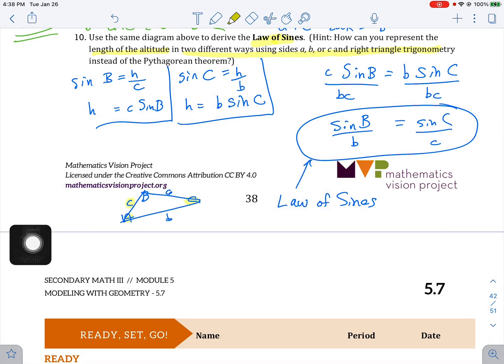So when you look at this, you've got 4 different unknowns. If you know 3 of these, you can plug that in and solve for the 4th. That's called the law of sines.